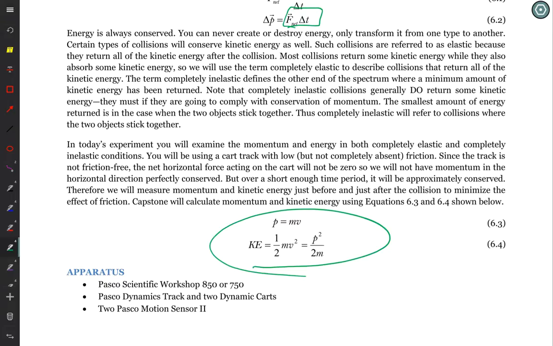Notice it's just a scalar here because we're doing one-dimensional collisions. And kinetic energy is 1/2 mv squared. This second form for kinetic energy is very useful, especially when you're looking at collisions.